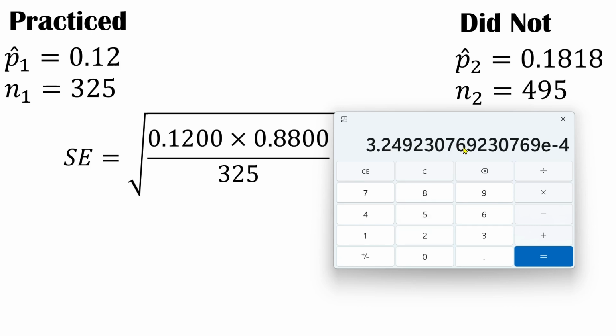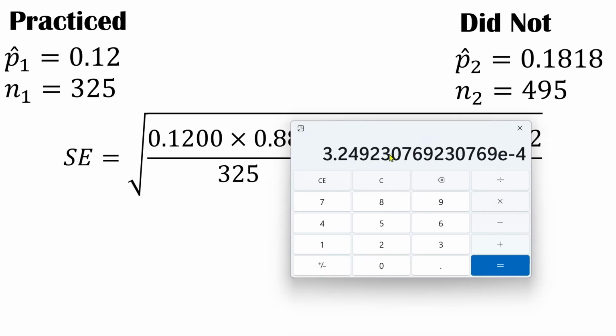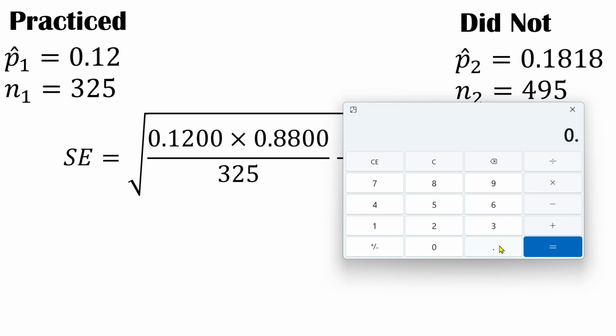Yeah, so this one has scientific notation. I don't remember that being the case, so I'm going to double check to make sure I did the calculation correctly. So 0.12 times 0.88 divided by 325. Yeah, okay, so what is this telling us?